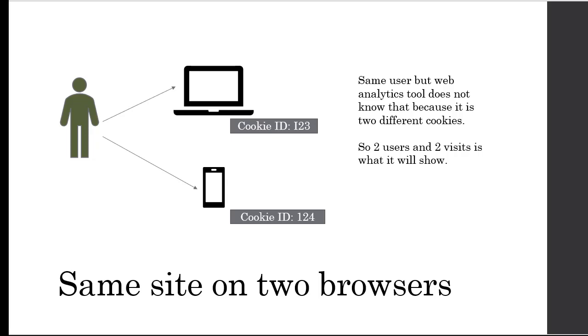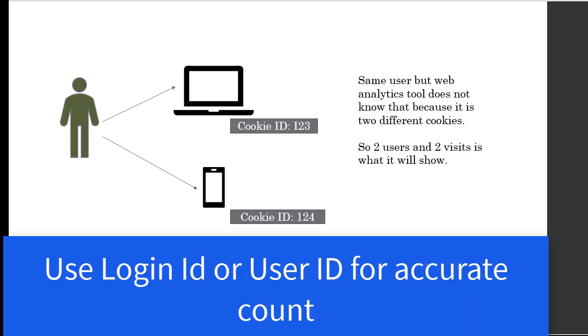Important distinction here. In order to get a better count of visitors and visits, many organizations use a login ID of the user. Login ID is also called user ID or customer ID. This only works if your site requires users to log in. For example, Facebook.